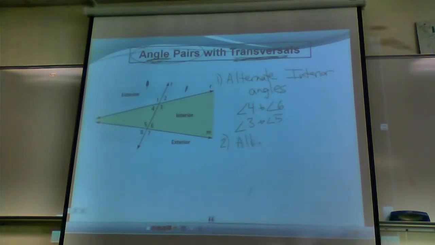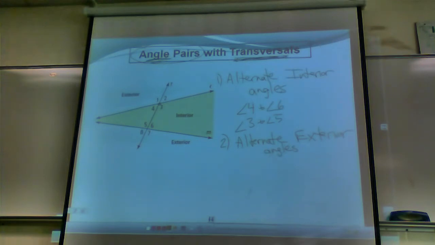All right, next one. This one follows the same kind of idea in terms of matching it up. So this is alternate exterior angles. Again, alternate means I need to pick one on the left, one on the right, and match those together. I'm only picking one angle at each intersection point, and I'm only choosing from my exterior angles, which are 1, 2, 8, 7.